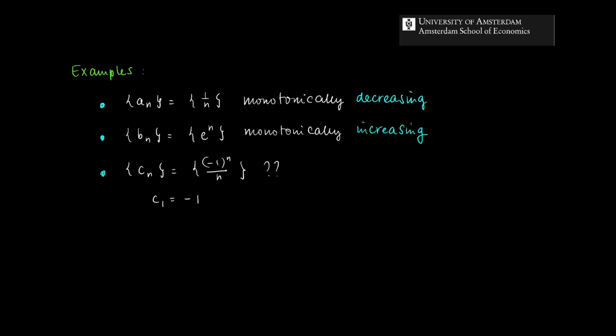Minus 1 to the power n gives just the sign of this expression, times 1 over n. So then we get a half. And the third term in this sequence is minus 1 over 3. So here you see a pattern: from minus 1 to a half, you see an increase, and afterwards you see a decrease. So this sequence is not monotonic. It's alternating in signs, so it cannot be monotonic.